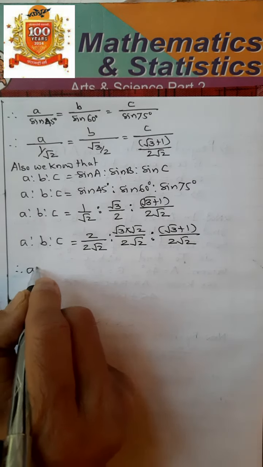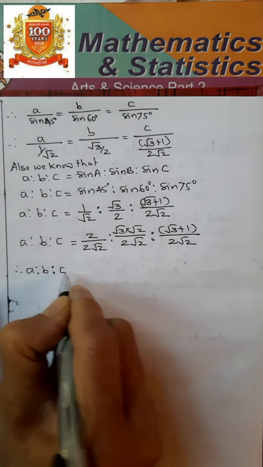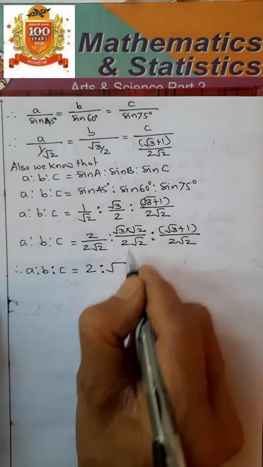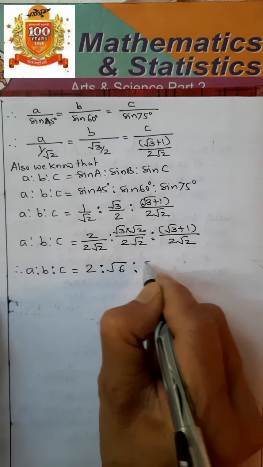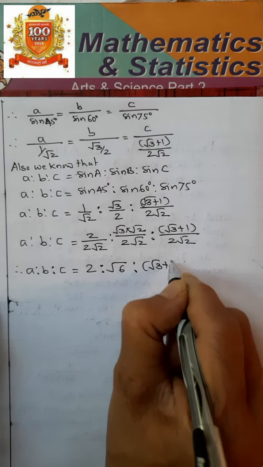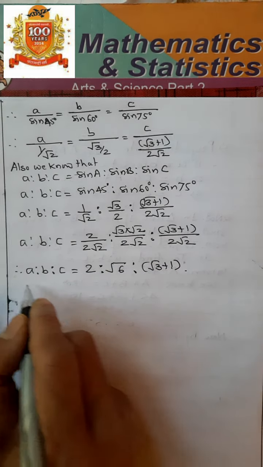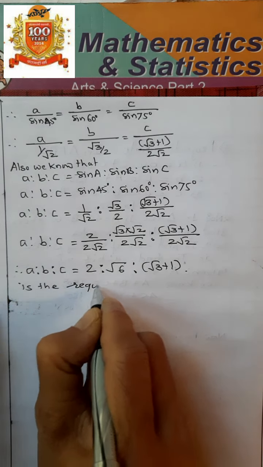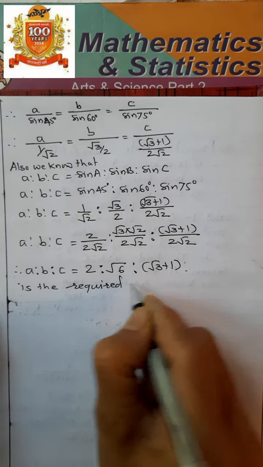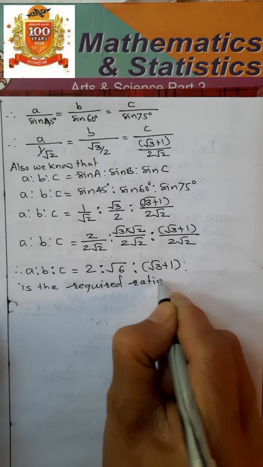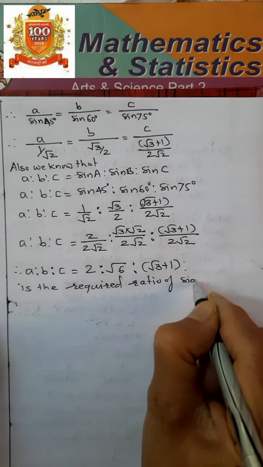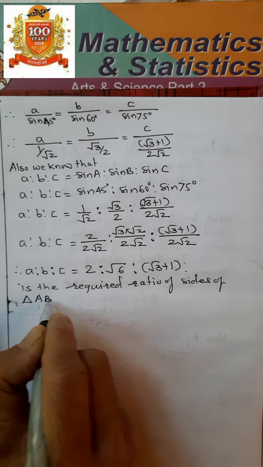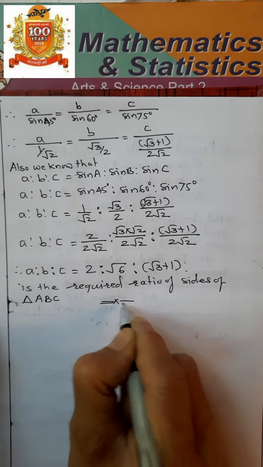Therefore, a is to b is to c is equal to 2 is to root 6 is to root 3 plus 1. This is the required ratio of sides of triangle ABC. In this way we can solve this sum.